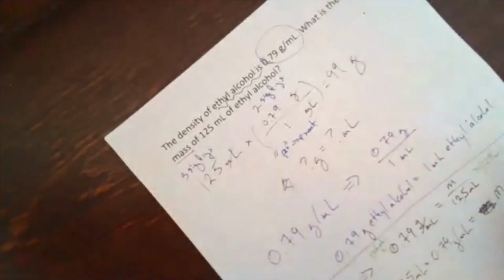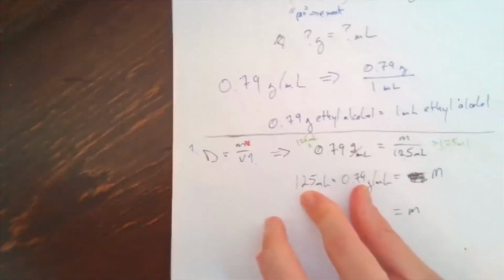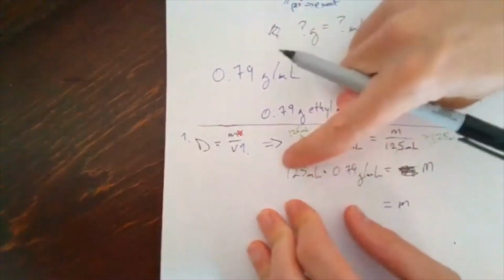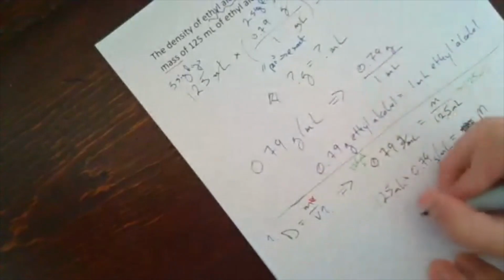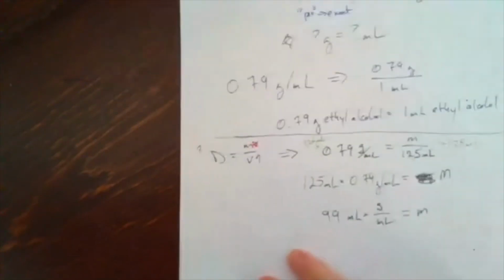So my math, you got it right the first time, right? I can multiply these two numbers. I still need to consider sig figs, 125 times 0.79, 3 sig figs, 2 sig figs. I get 99. And then for the units, I can see it ends up being milliliters times grams per milliliter.